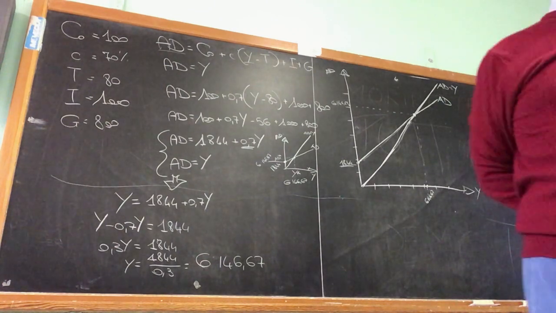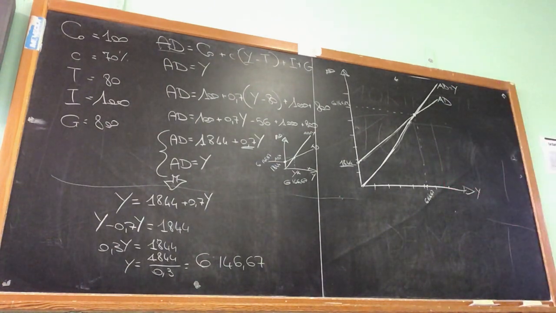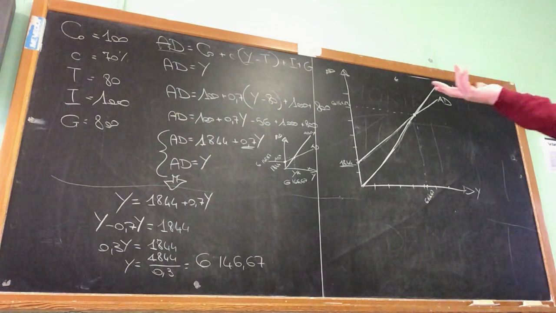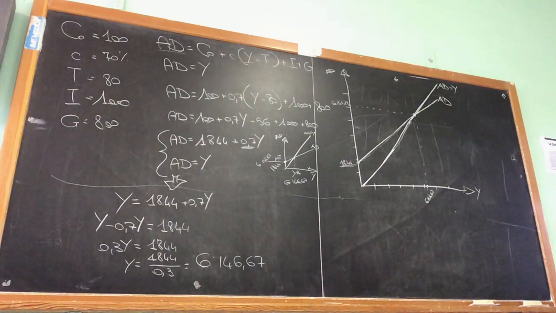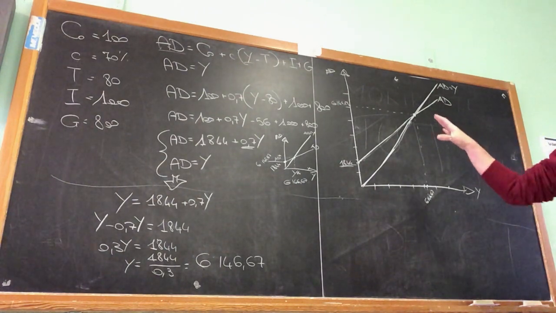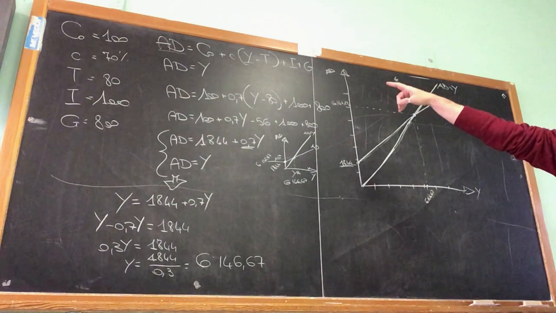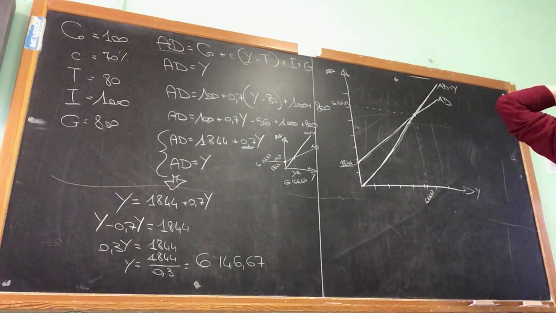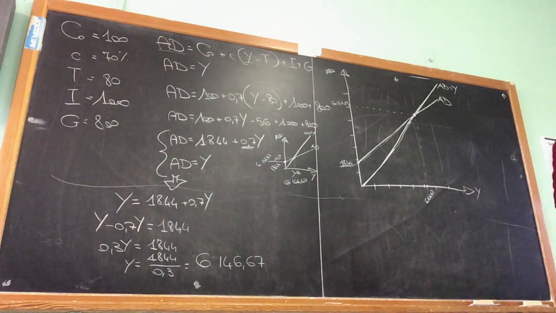So I made you do firstly the math part, so you can understand better how the situation works, and now we do it theoretically. We do it with letters, and we will finally understand Keynes' recipes in concrete.